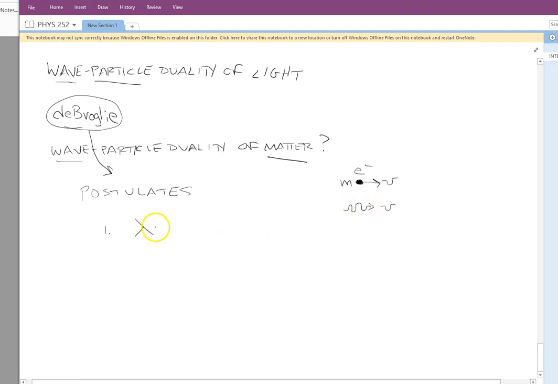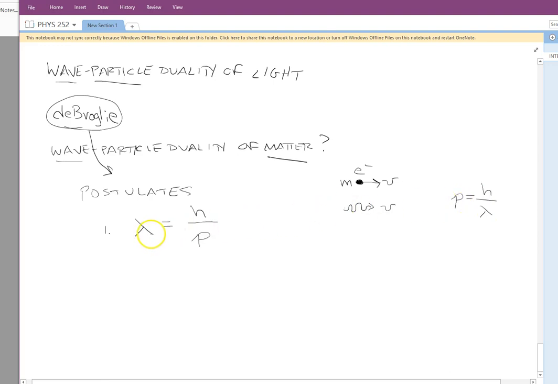Okay, so deBroglie says, look, let's borrow from the photon. We know for the photon that we can take Planck's constant and divide by the momentum. Because for a photon, if you guys remember, a valid expression for momentum is h over wavelength. So deBroglie says, well, let's just use that.